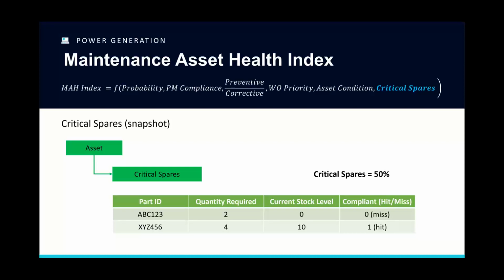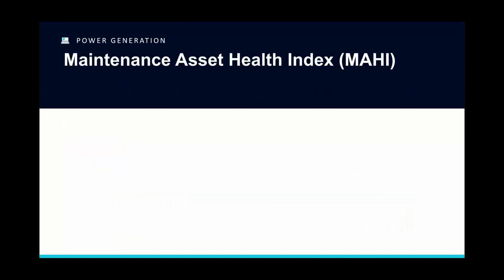These are the 6 components that we're bringing from your maintenance transactional data, blending them together in a way that we think makes a lot of sense, and I hope you think the same, and producing this index.